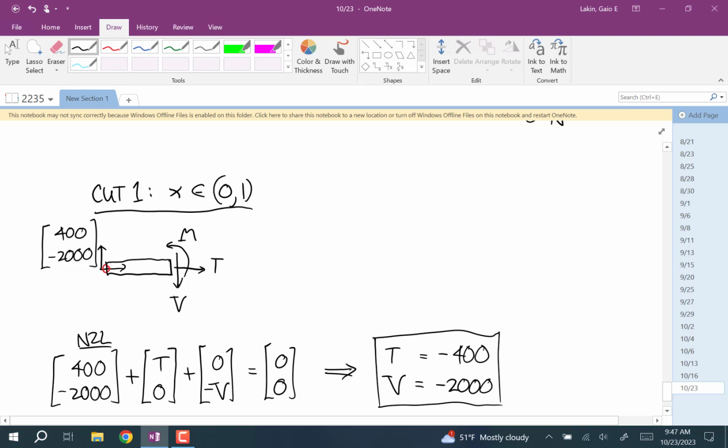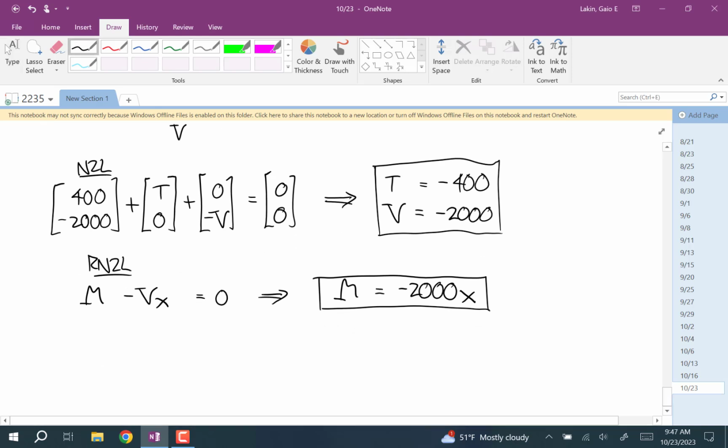The force is V. It's a clockwise rotation, so it's negative. M minus Vx. And you'll always have M minus Vx added to your other stuff because of those two. And then we're using the value we found for V, and that's how we're getting our equation. That's right. So this is your V.